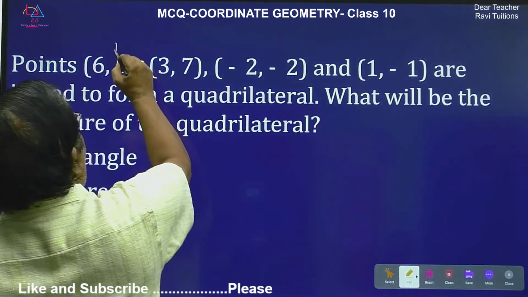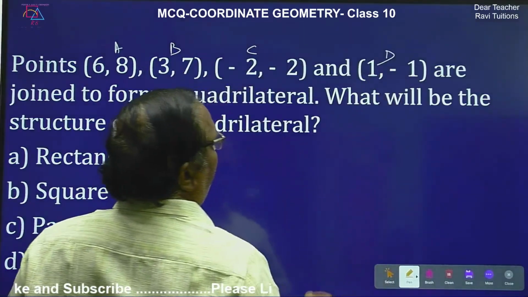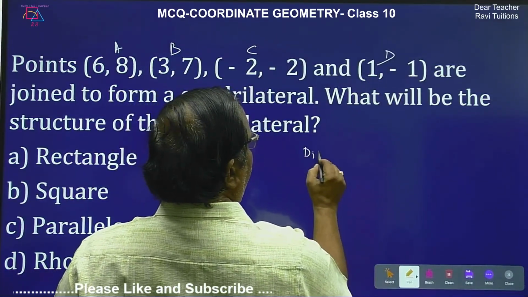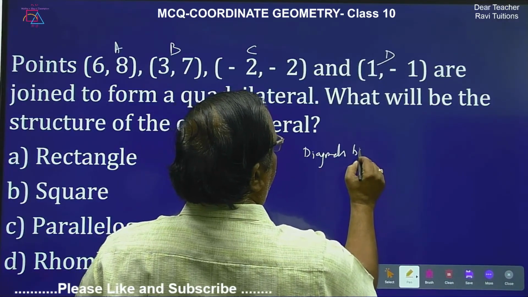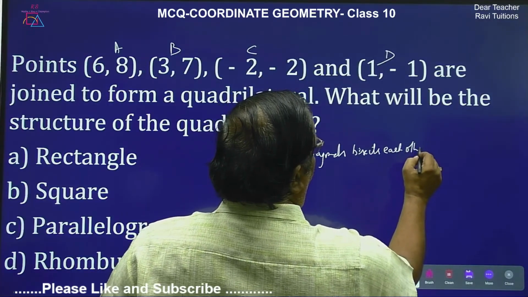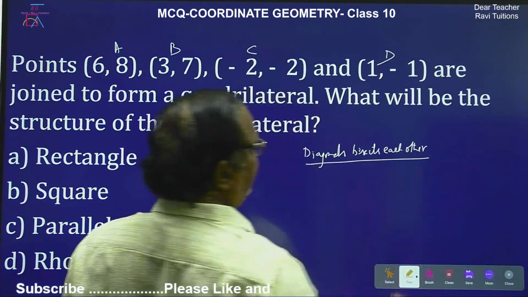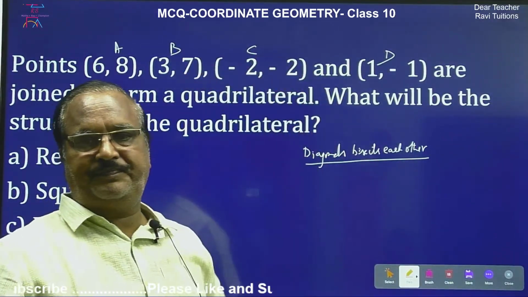So let us say this is A, B, C, D. Diagonals bisect each other, this we will prove. How to prove this? If you prove that diagonals bisect each other, then ABCD will be a parallelogram.